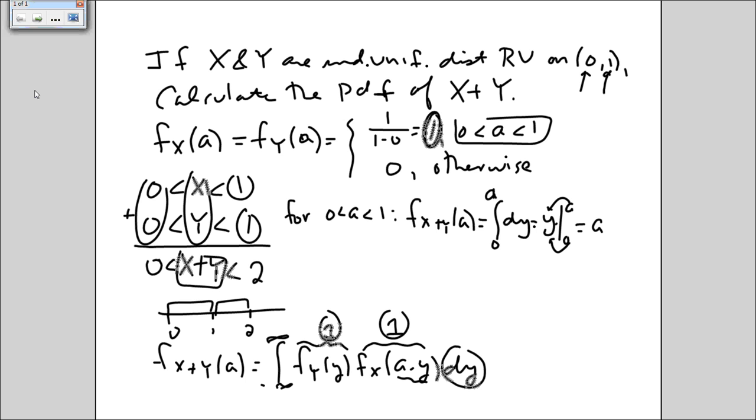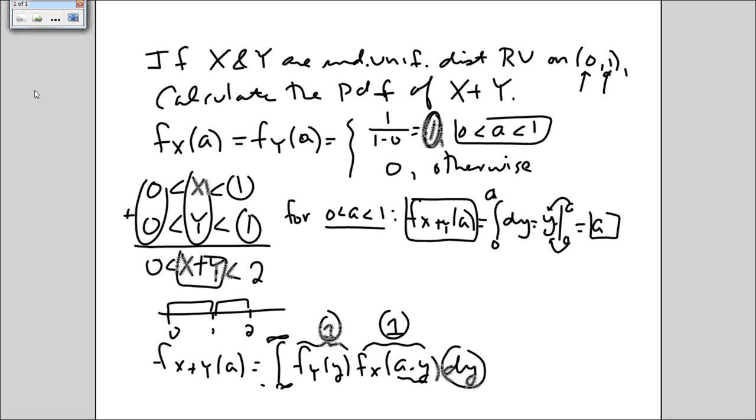You plug 0 in, you get 0. Taking away 0 doesn't do anything. A minus 0 is just a. So we just learned something. If a is between 0 and 1, the PDF of the sum of those two random variables, x and y, is a.